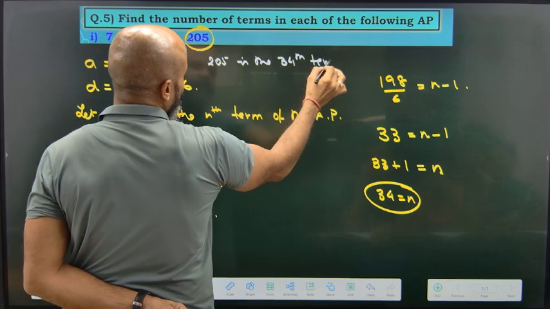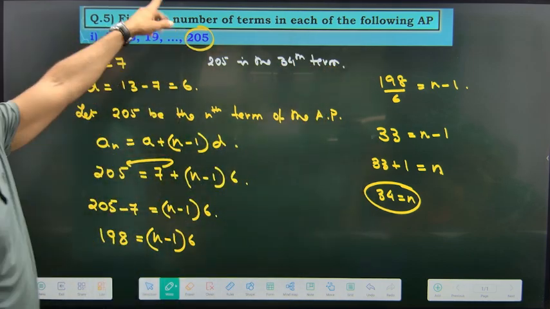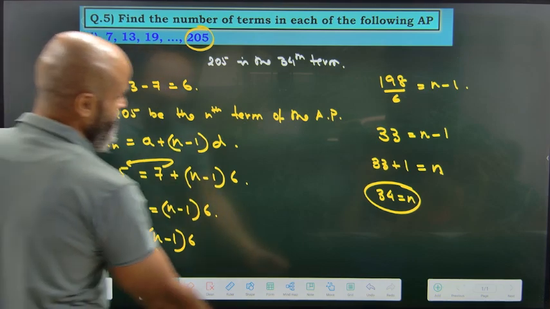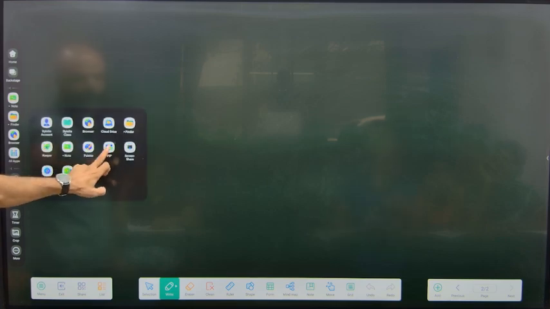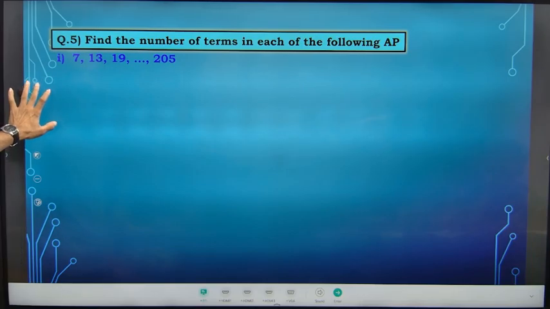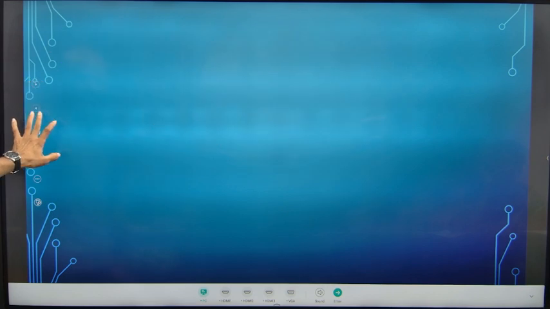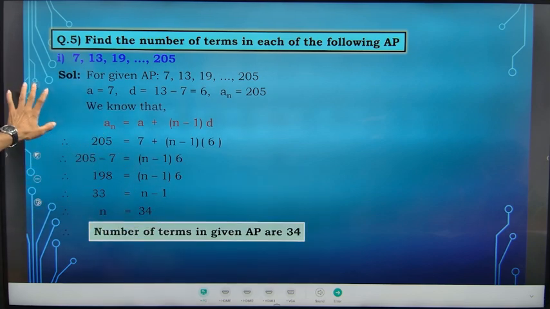We can write the answer here: there are 34 terms in the AP. Are we clear on this one? So here we have 205, 7, n minus 1. So the number of terms of the given AP is 34.